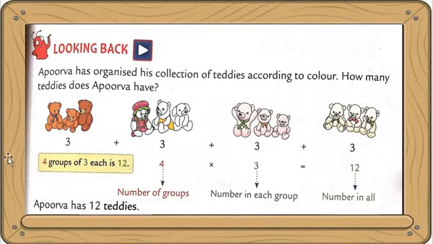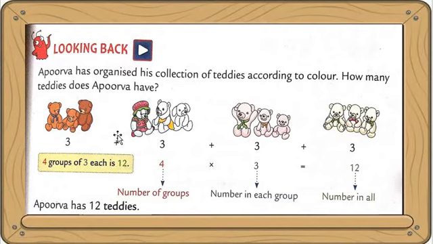How many groups are here, all students? 1, 2, 3 and 4 groups are here. 4 groups of teddies. And then in each group, how many teddies? Let's count. 1, 2, 3, 4, 5, 6, 7, 8, 9, 10, 11, 12.